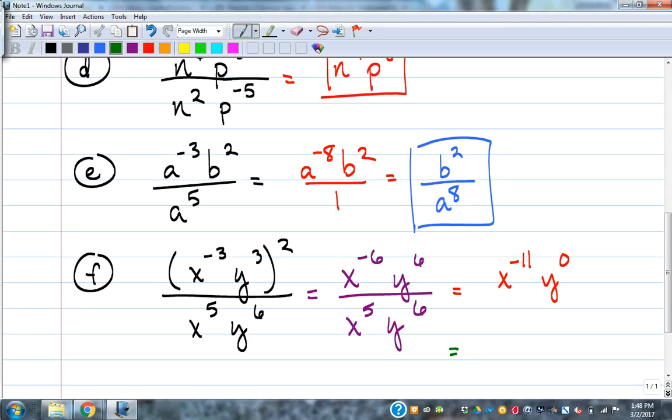Does anybody remember? It's 1. By definition, anything to the 0 power is 1. Okay? So that y to the 0 is going to turn into just the number 1. Where does the x to the 11th need to go? On the bottom to make it positive. So we end up with a 1 on top and x to the 11th on the bottom.